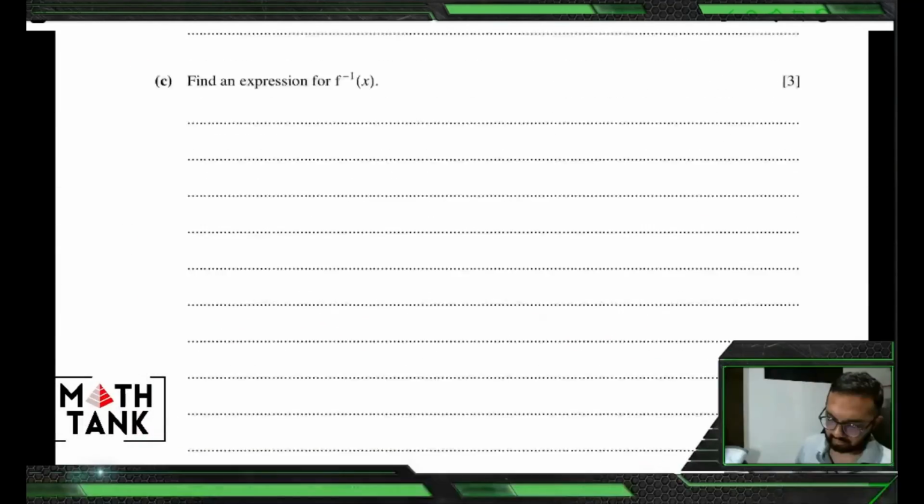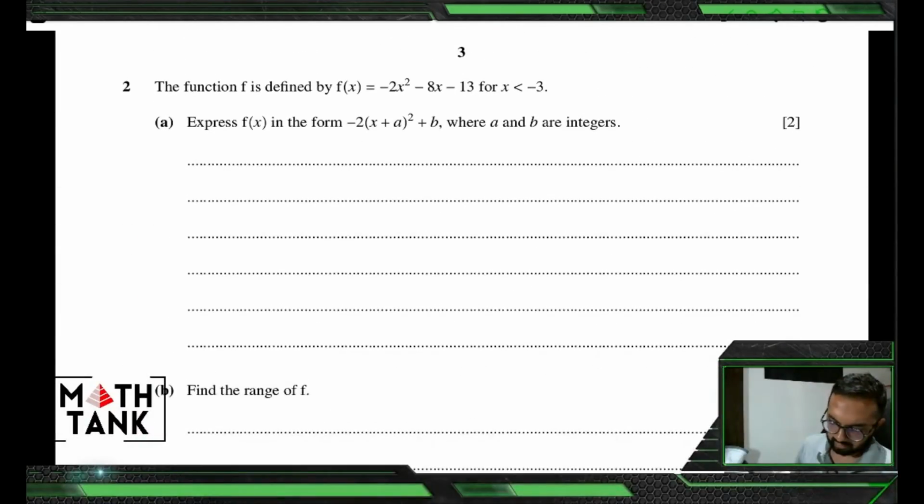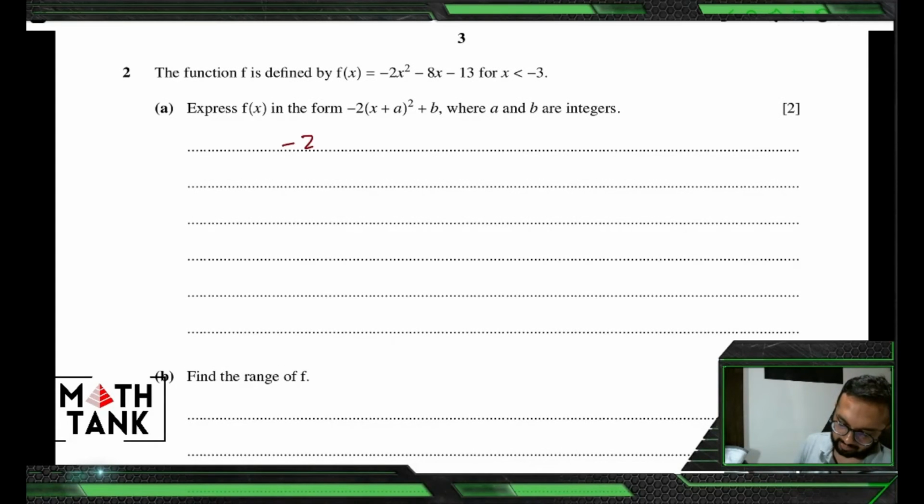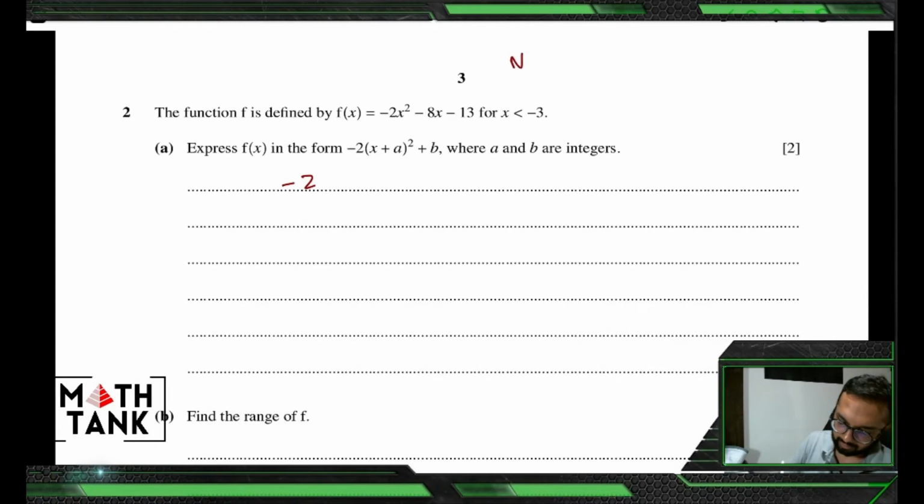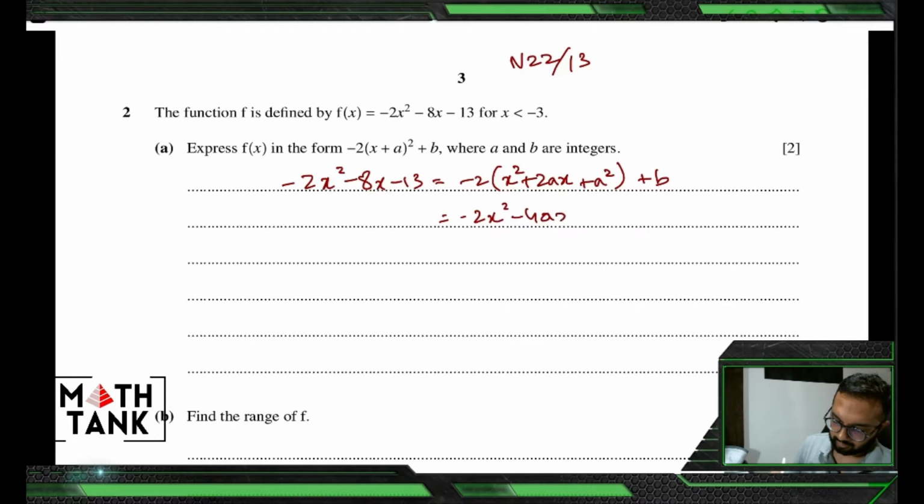In fact, there is one thing in that question that I sort of marked. Okay, let's quickly do this. It says minus 2. This is, remember, November 2213. I do the completing the square by comparison, so that's what I'm going to do. So I'm going to expand this. Okay, so minus 2 equals minus 2.